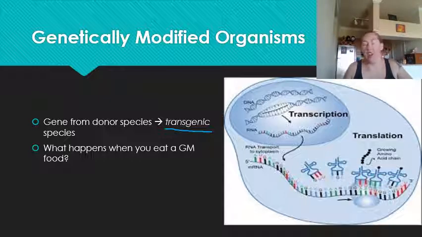Just the way that you don't get any traits from any other food that you eat. If you eat a bunch of bananas, you don't become a banana. This is basic, simple stuff that you already intuitively understand. A GM crop is exactly as safe as a non-GM crop, all other things being equal, like contamination from bacteria, pesticides, herbicides, and so forth.